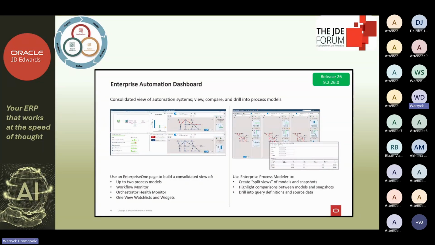And as you process, you can view the changes in your process modeler on your screen. On this page, you can then even include your watch list. You can add some widgets to provide you with a complete dashboard for your sales order process. So all the information you need is displayed on one page and readily available.